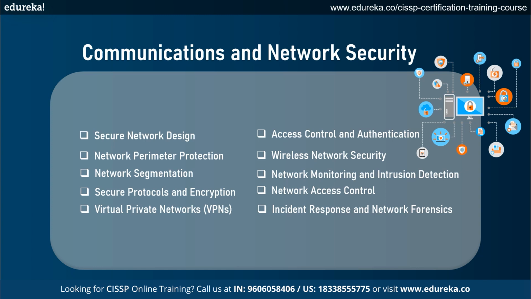By focusing on these components, organizations can establish secure and resilient communication networks, protect data during transmission, and mitigate the risk associated with network based threats and attacks. It is essential to regularly assess and update network security measures to address evolving threats and vulnerabilities.